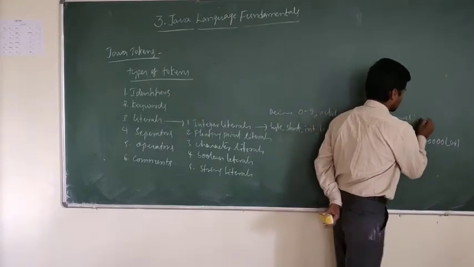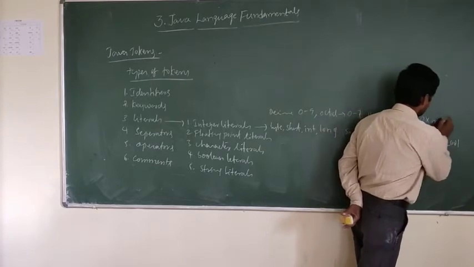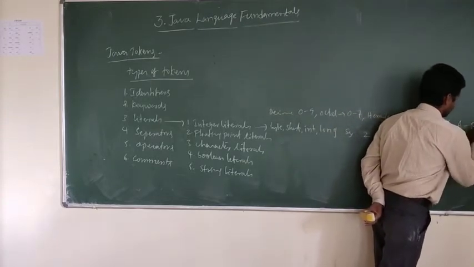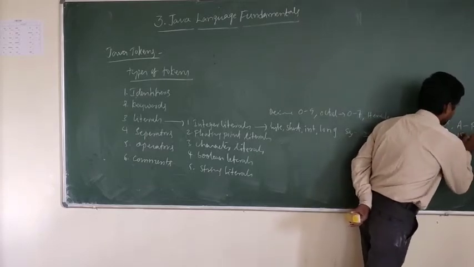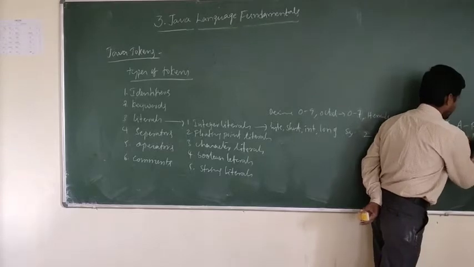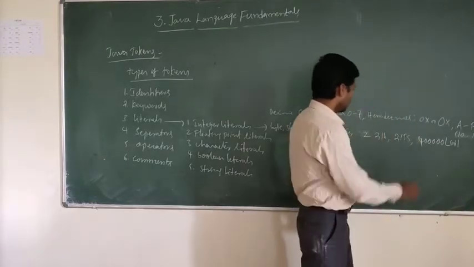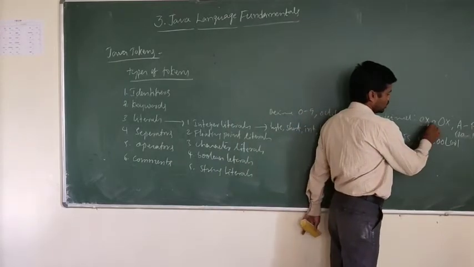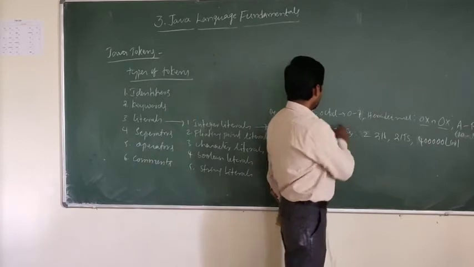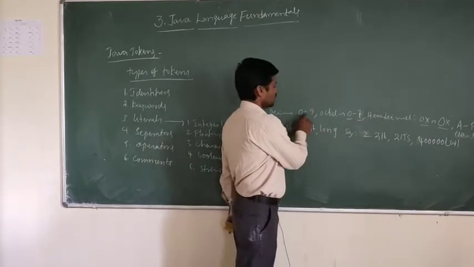Hexadecimal will start with 0x, small 0x or capital 0X, with A to F. The numbers 10 to 15 can be defined with the characters A to F. So hexadecimal always starts with 0x, octal numbers contain 0 to 7, and decimal numbers contain 0 to 9.